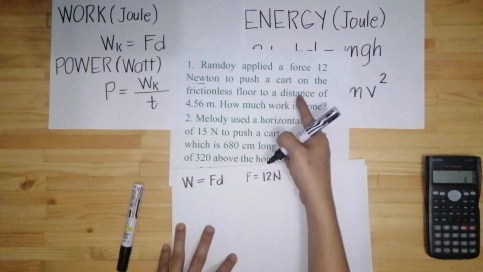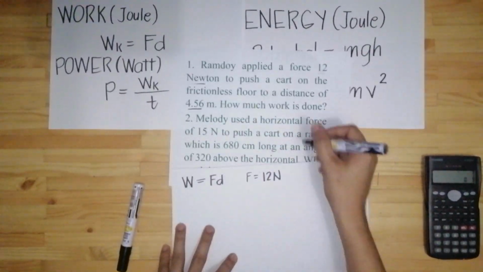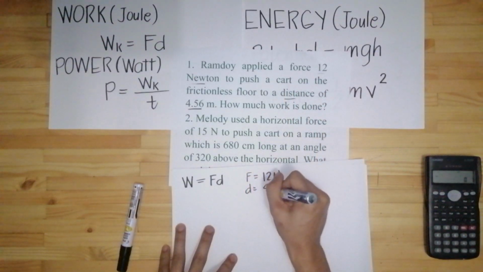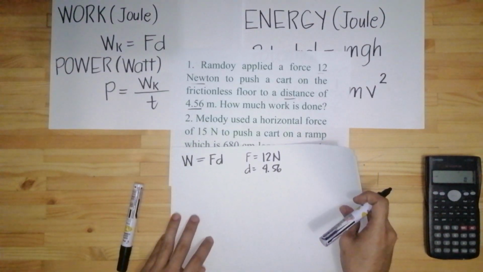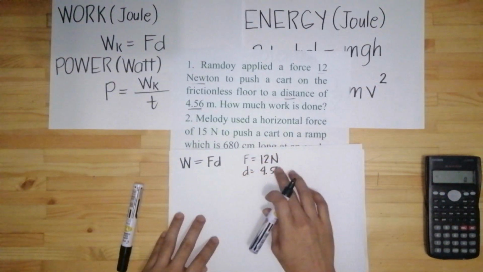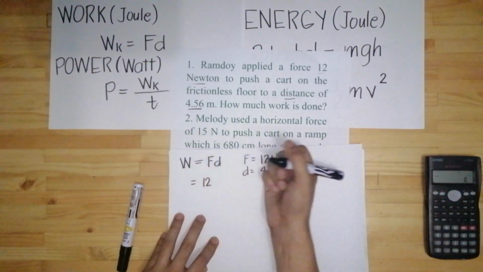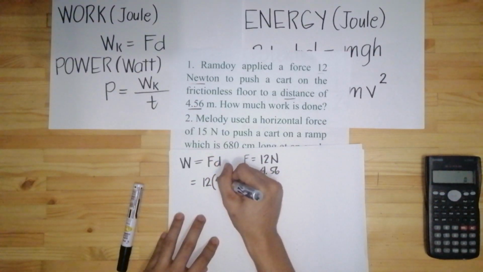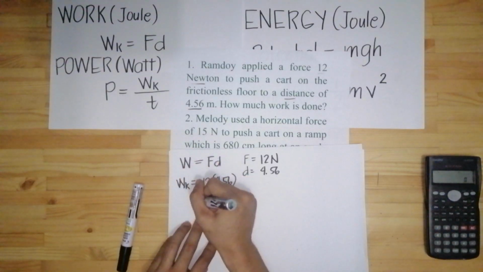Then, we also have 4.56 meters. That is the distance according to the problem. So, we have the distance 4.56. We can now substitute to the formula the following given that we have. So, this will be equal to 12 times 4.56 to compute for the work.